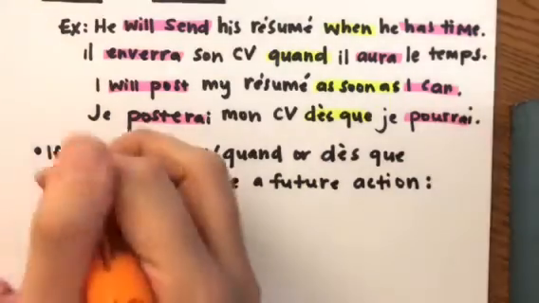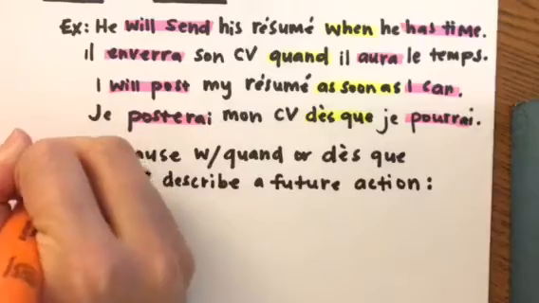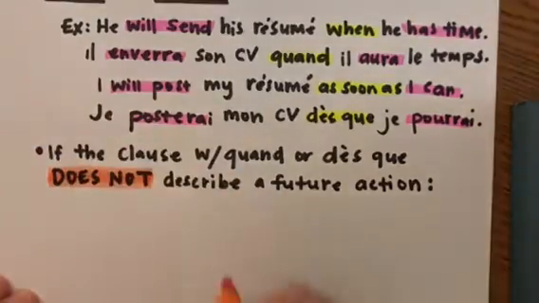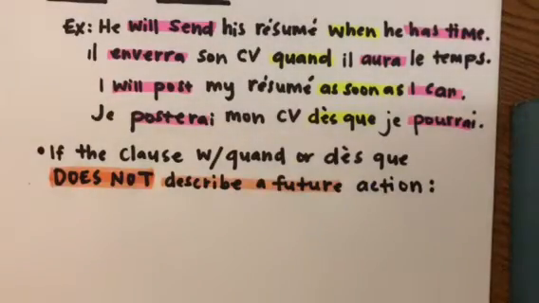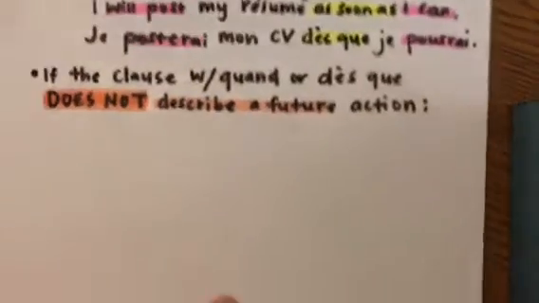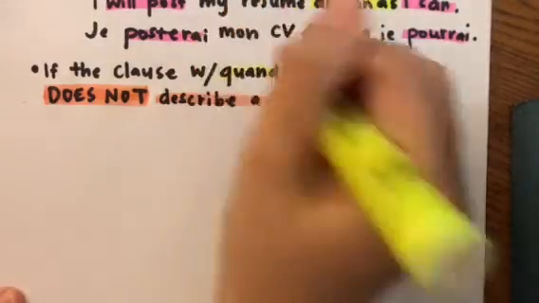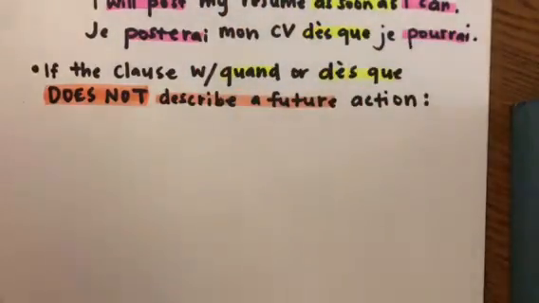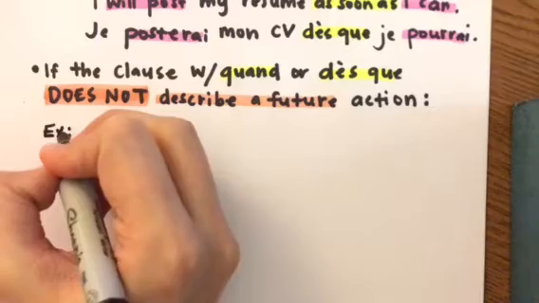We're not describing now. So what I'm going to do is highlight so we can all make sure we're understanding this. Does not describe a future action. So we're saying it will happen in the future. Now we're saying it does not describe a future action. If that's the case, this lesson's pretty obvious. If it's not the case, you're just going to use a different tense for your verb, right? So let me just give you a couple of examples.